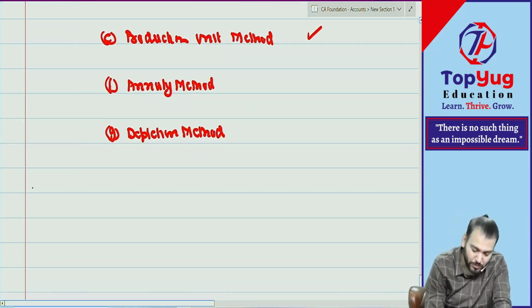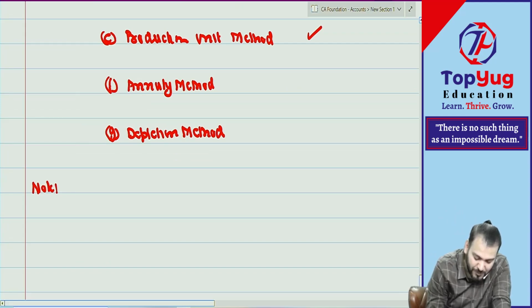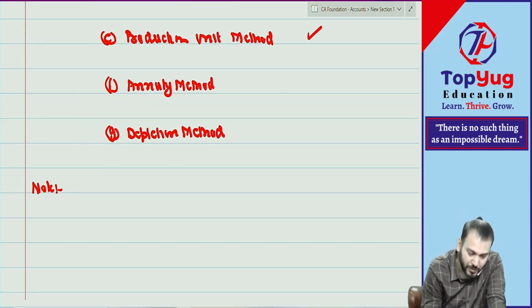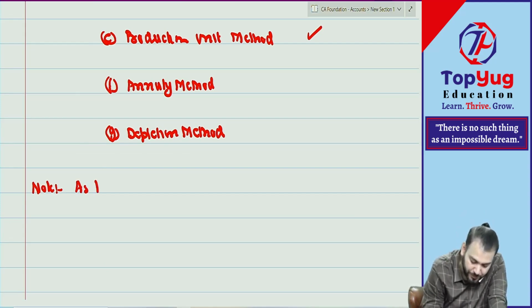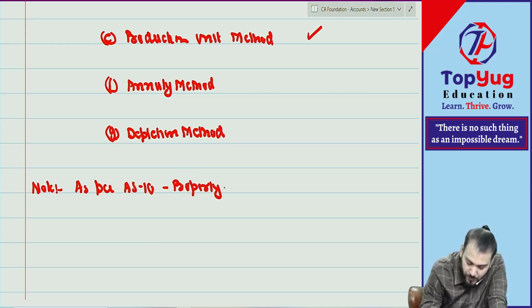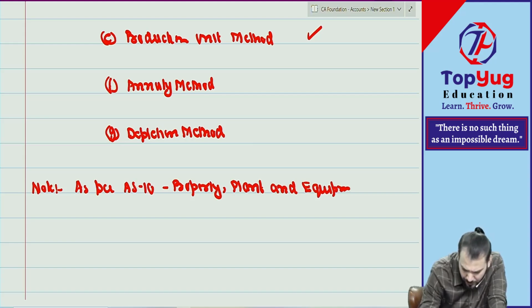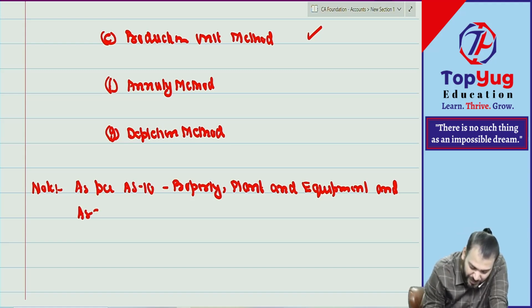So just write one note. As per AS 10, AS 10 is for Property, Plant and Equipment. And AS 26 is for intangible assets.